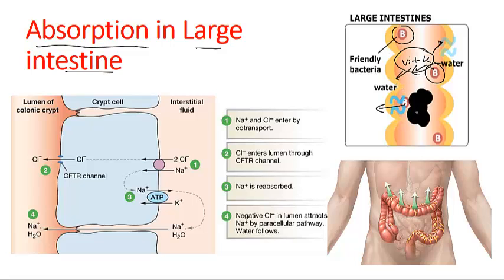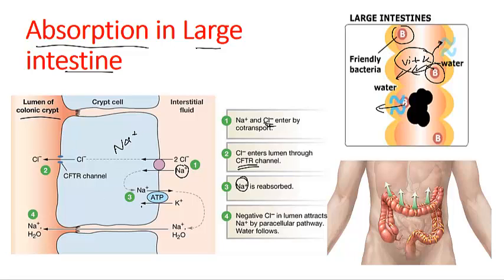This is the lumen of the colonic crypt and this is the interstitial fluid. So what we are going to do, it can take some amount of sodium and chloride ion inside. Chloride ion enters into the lumen with the help of CFTR channel proteins present. Sodium is reabsorbed, and as they start to build up a lot of sodium and potassium inside the cell, it will automatically allow the water to backflow to balance the osmotic pressure.